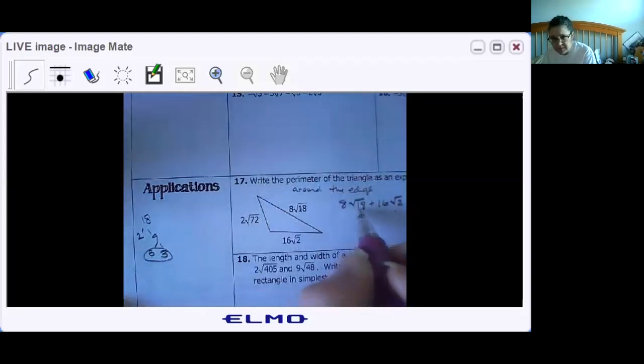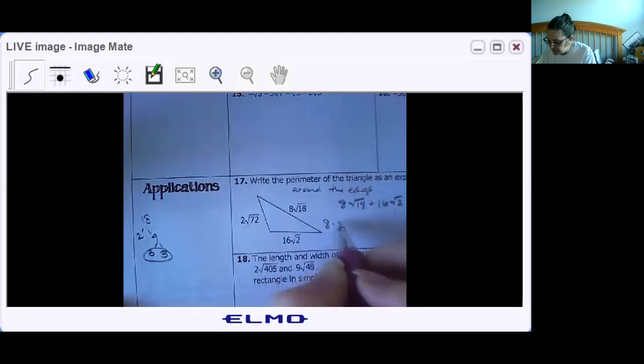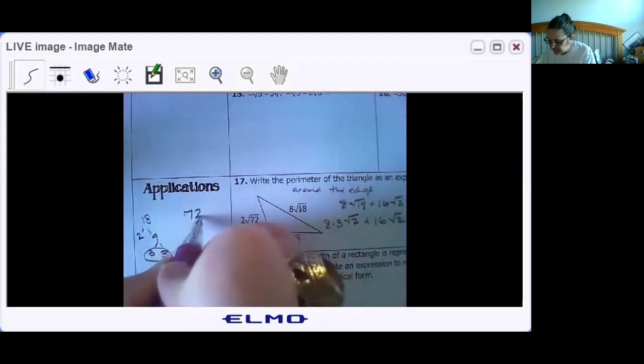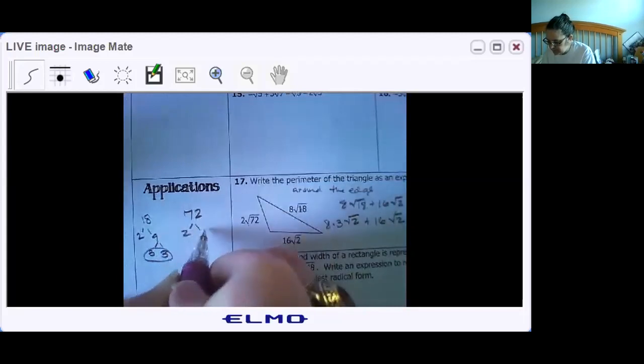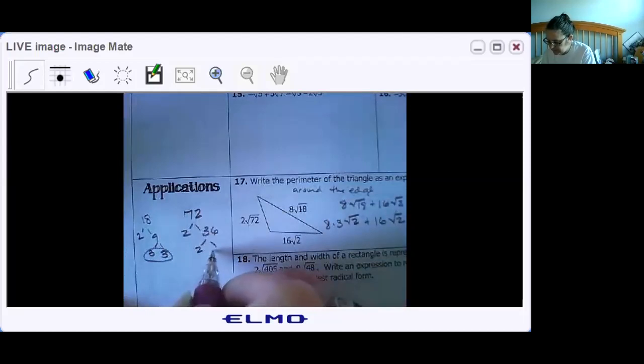So 8 times the square root of 18 gets rewritten as 8 times 3 times the square root of 2. And that's 16 times the square root of 2. Now I've got to do 72. Well, that's 2 times 36, which is 2 times 18, which is 2 times 9, which is 3 times 3.